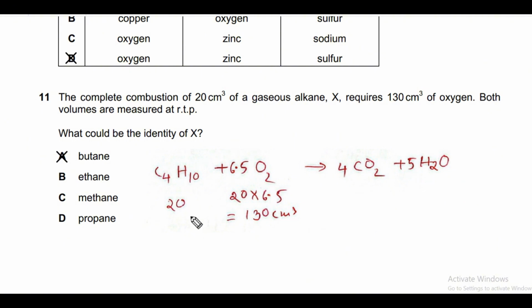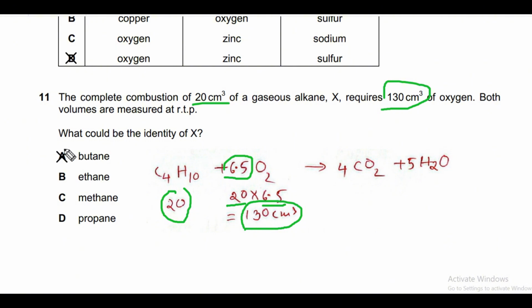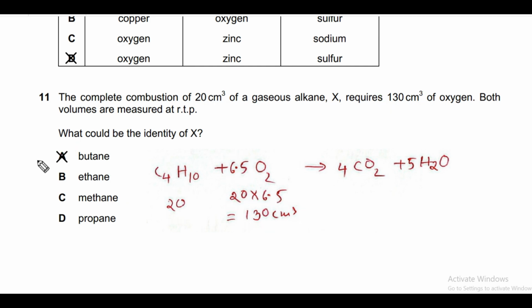Now you see, if 20 centimeter cube of butane is given, oxygen will be 6.5 times more. So oxygen will be 20 times 6.5, I mean 130 centimeter cube. So you get the answer, 130 centimeter cube. A is the right answer. If you do this for ethane, methane and propane, you will not get this answer. So only A is the correct answer.